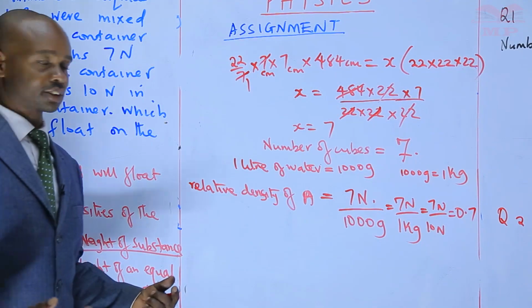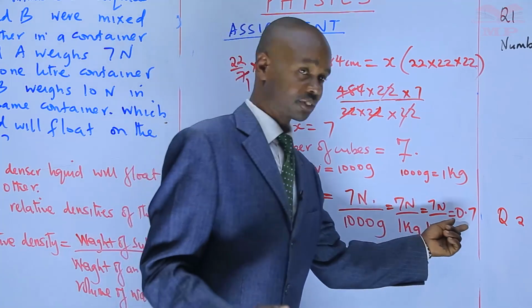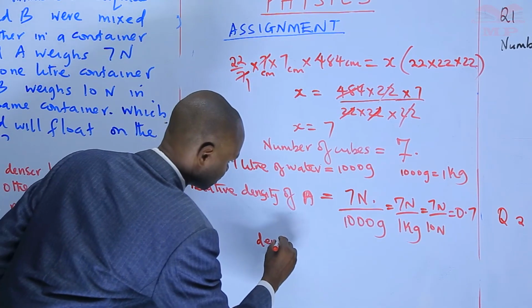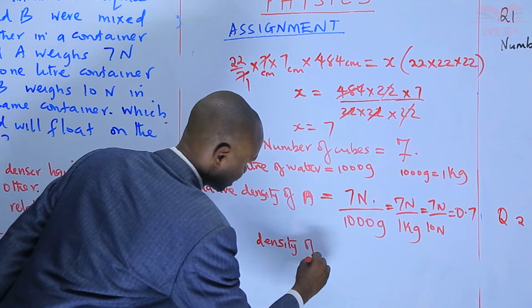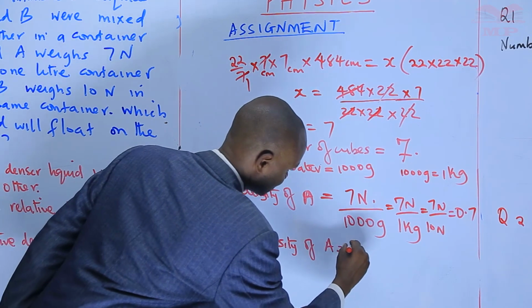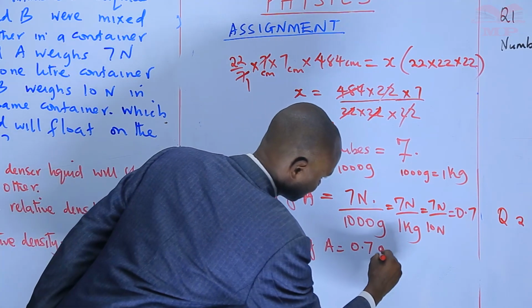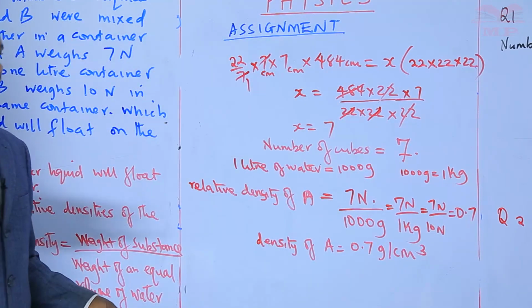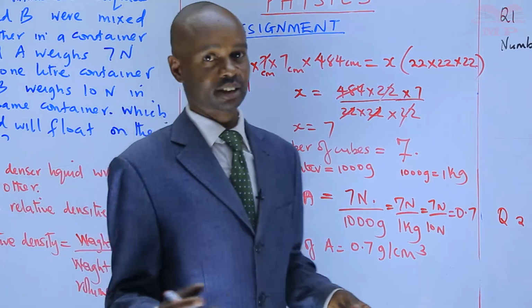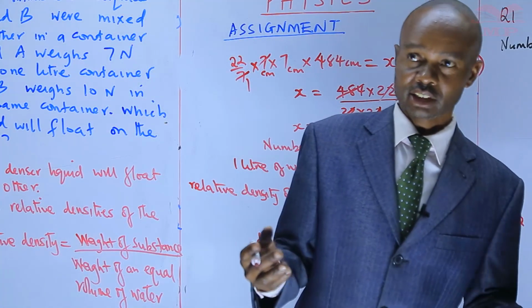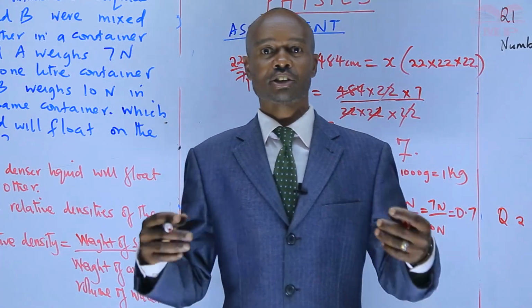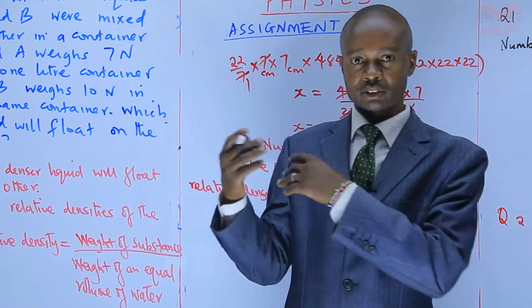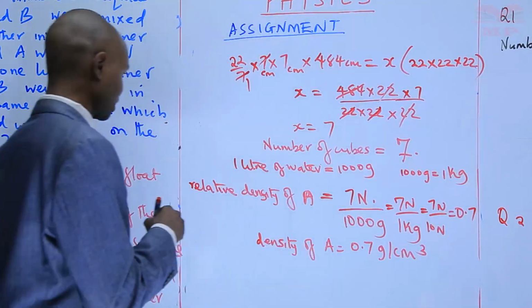So once you get relative density, you just put their units. So density of A is equal to 0.7 grams per centimeter cubed. I said when you get the relative density of a substance is, let's say 6, that means 6 grams per centimeter cubed, because we are comparing it to the density of water.